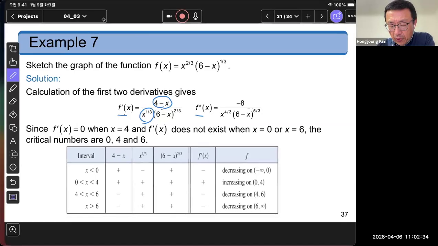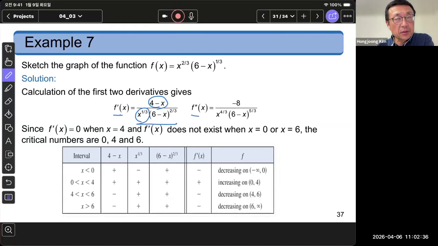So when your function is complicated like this, you need to find the points where f prime is 0 or does not exist. In other words, you need to find critical numbers. Please remember, critical numbers are points where f prime is 0 or f prime does not exist.